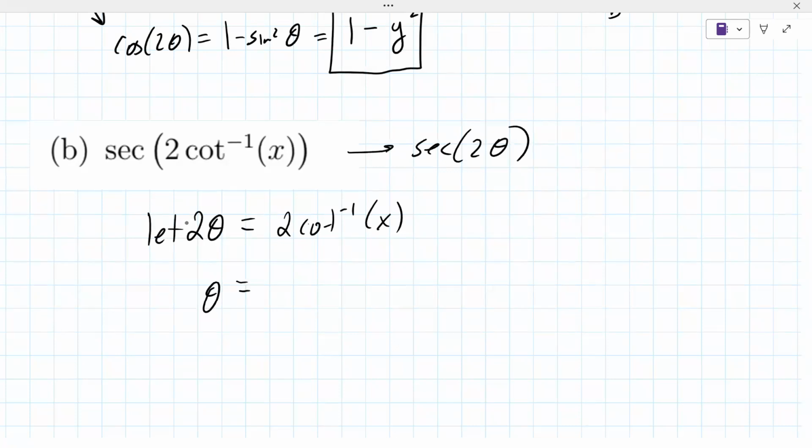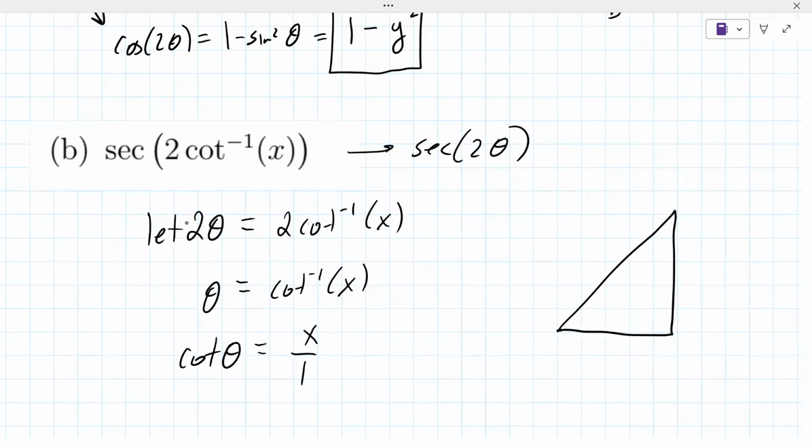So then theta is just the cotangent inverse of x. Take the cotangent of both sides. You draw that right triangle in the first quadrant, the reference triangle. So it's this, and then you find the third side using the Pythagorean theorem, 1 squared plus x squared for the third side.